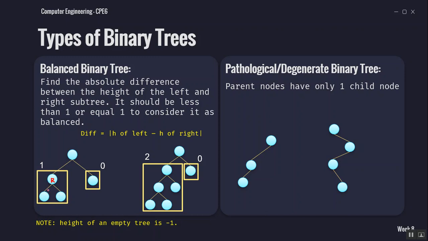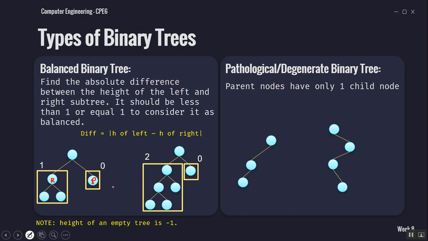Then comparing it to the right subtree, which has no children, so this is the root node, so it has 0. Note that the height of an empty tree is -1.